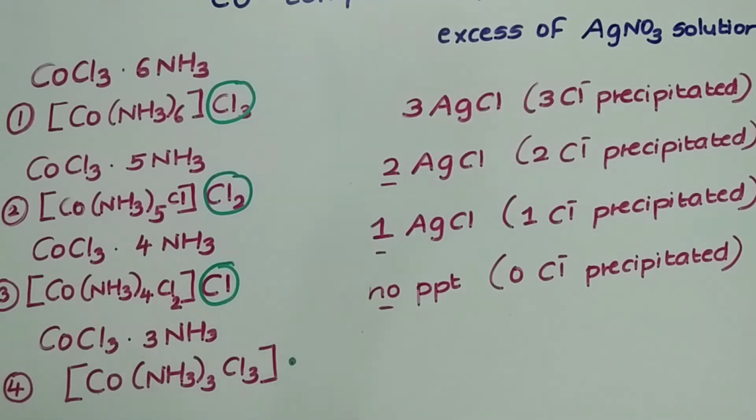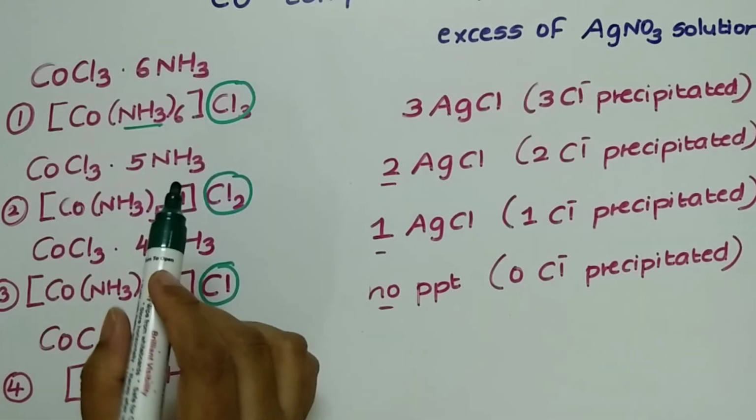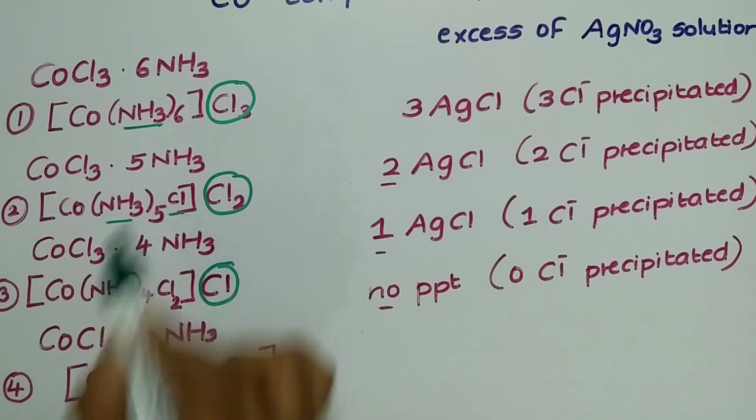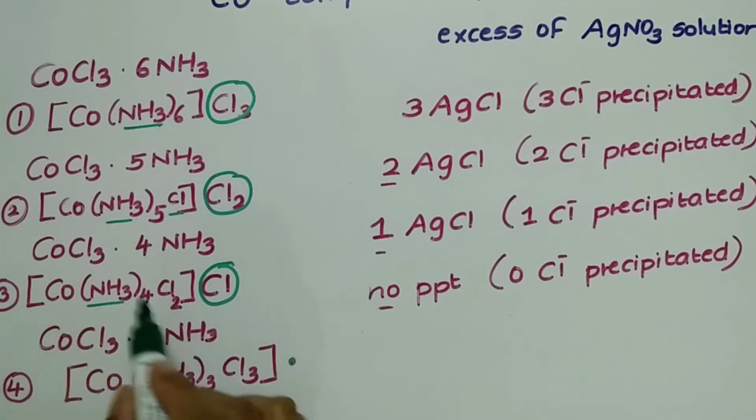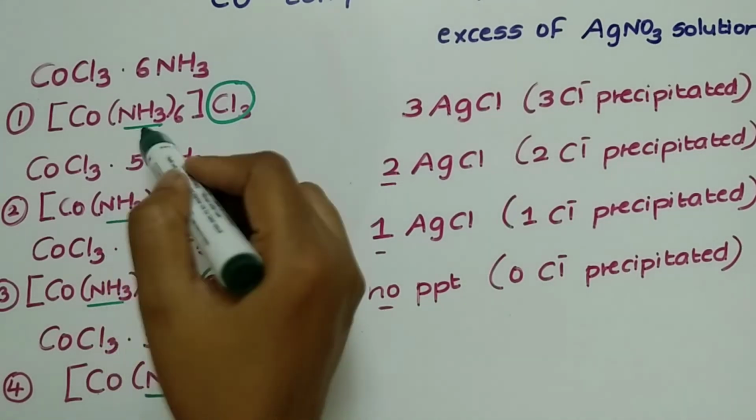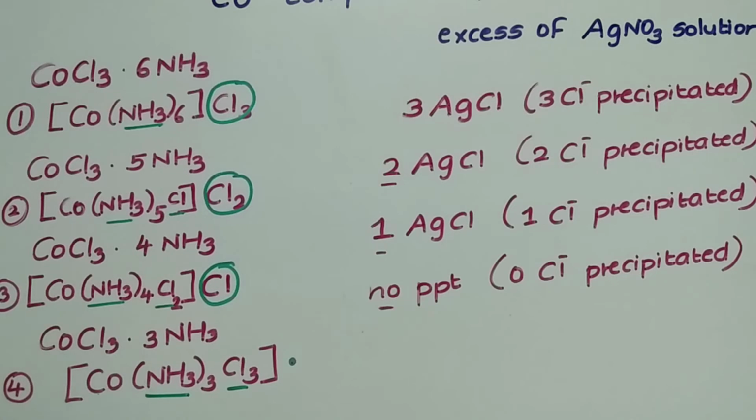And NH3, correct? Here NH3 and Cl, here also 4NH3 and 2Cl, here 3NH3 and Cl3. Whatever I have underlined acts as a secondary valency. So the counter ion will act as the primary valency and the ligands will act as the secondary valency.